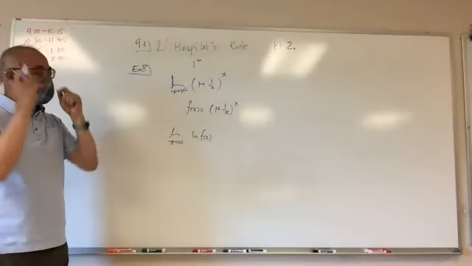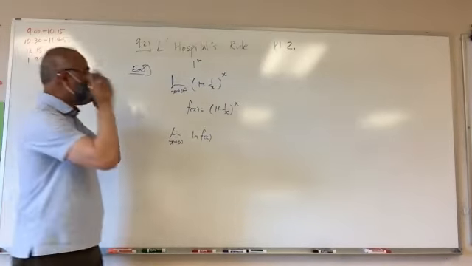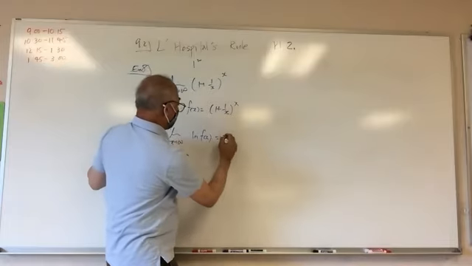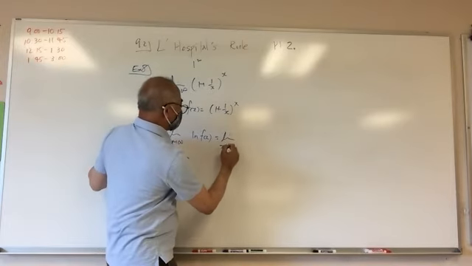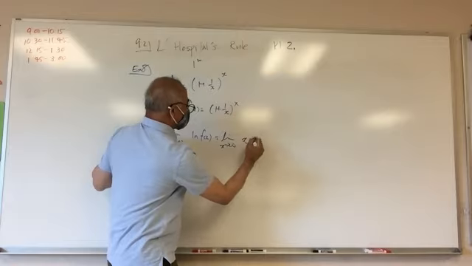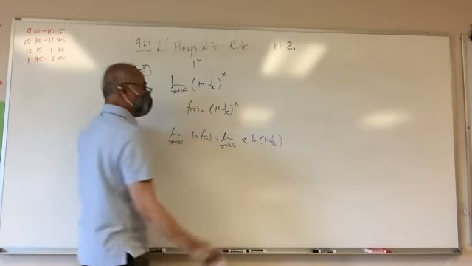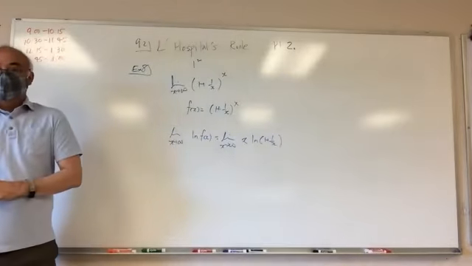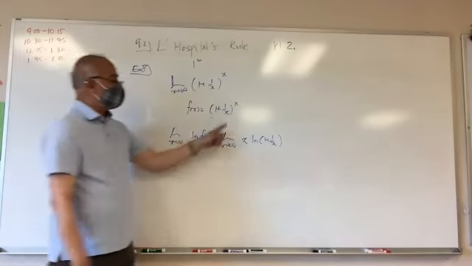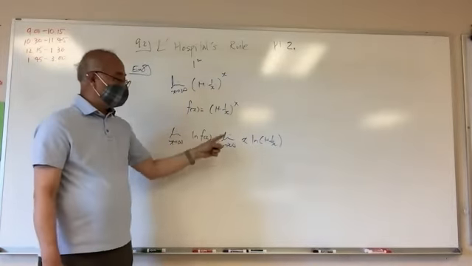So I'm going to try to find this first. If I take that, what do I get? I get the limit as x goes to infinity. When I take the natural log of this, I get x natural log of 1 plus 1 over x. Do you see that? Right, because when I take the natural log, the x comes forward. Okay, so I get this.